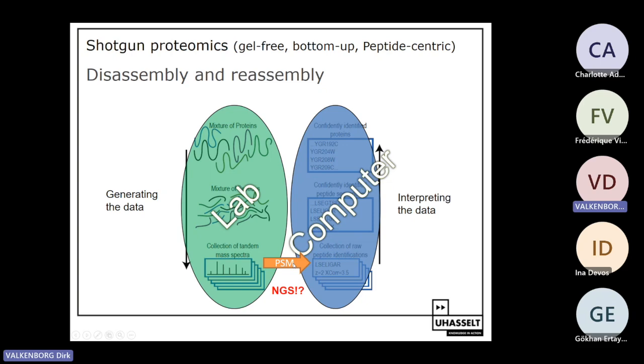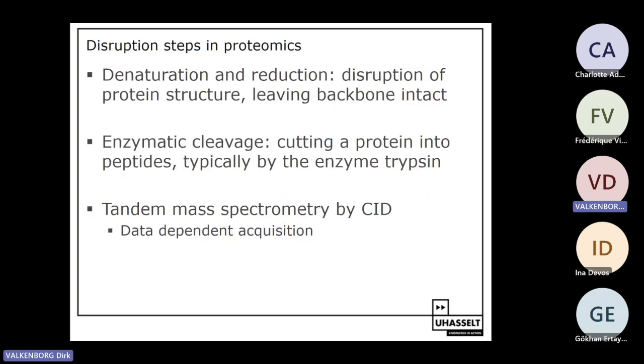That is something I want you to recall for later. Let's have a closer look at the disruption steps. I have limited time today, so I will stop the discussion after the disruption steps and continue my talk in the third session.